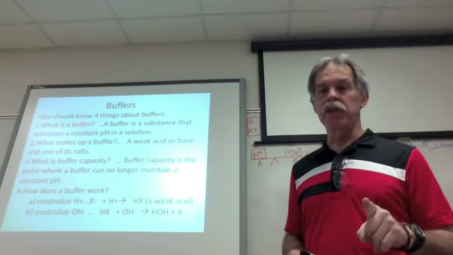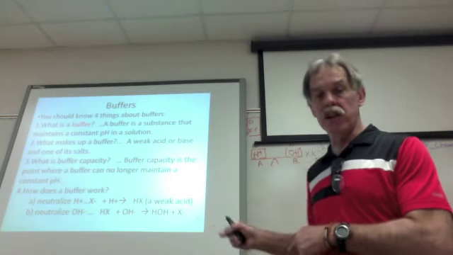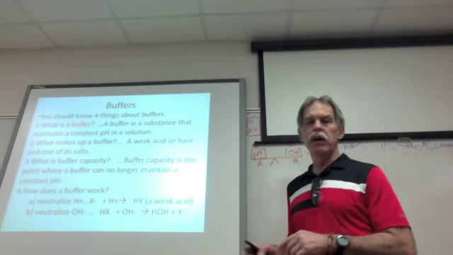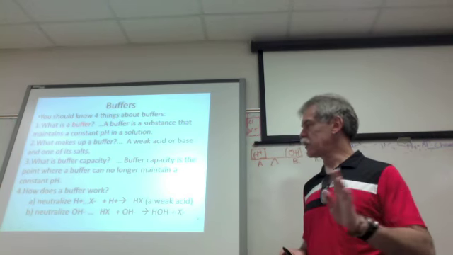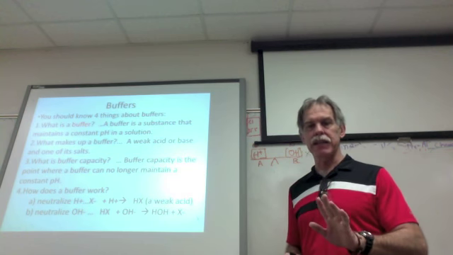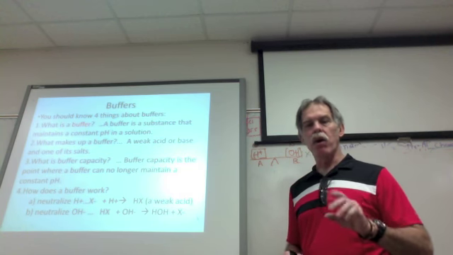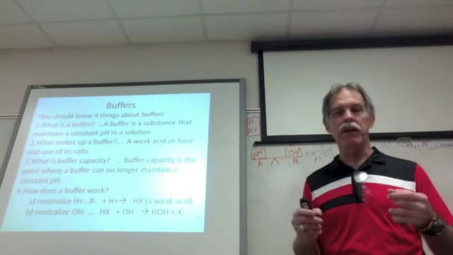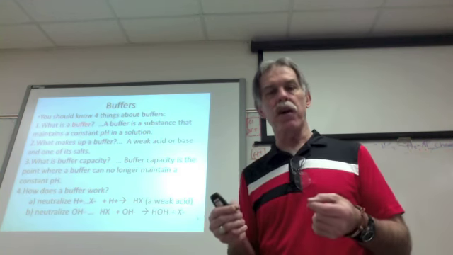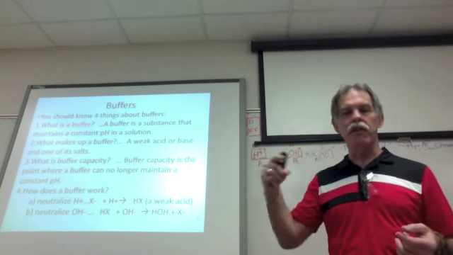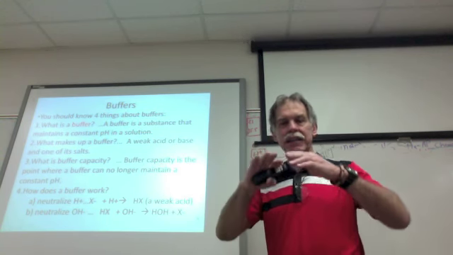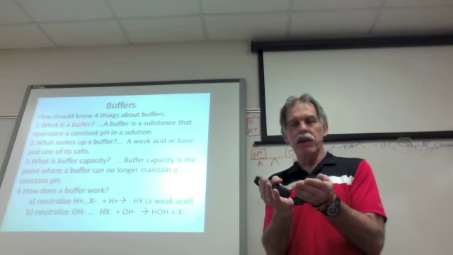Well, you need to be able to explain to me either with a generic buffer, which we call like an HX type buffer where the X is the wild card, or I may ask you a specific one. But here's the thing. If you know the generic one, all you have to do is whatever the specific one is, that's the X is going to be what stands for.